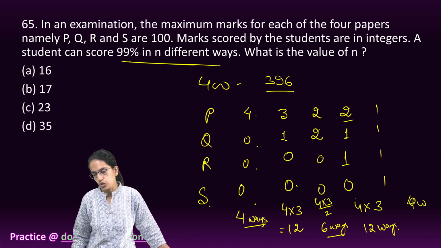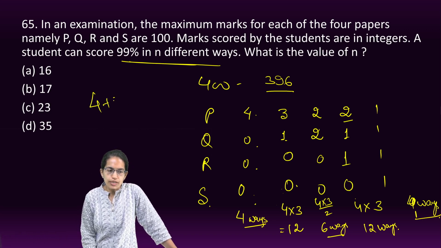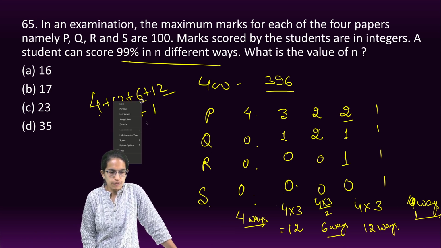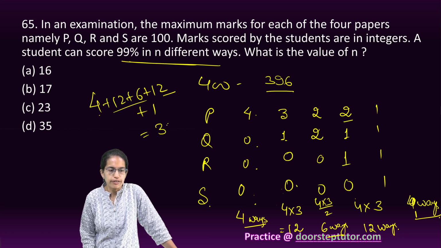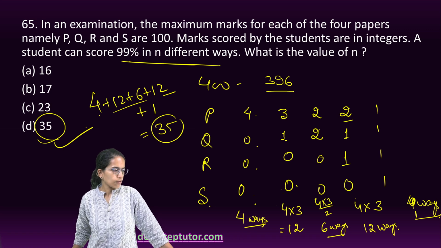So 1 way in which the marks can be deducted. So how many would be the total number of ways? 4 plus 12 plus 6 plus 12 plus 1, that is 12, 12, 24, 24 and 10, 34, 34 plus 1, 35. So the answer here would be 35 different ways. So that's how we solve this question.